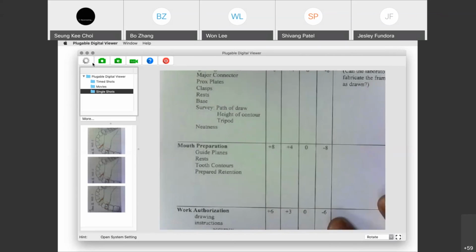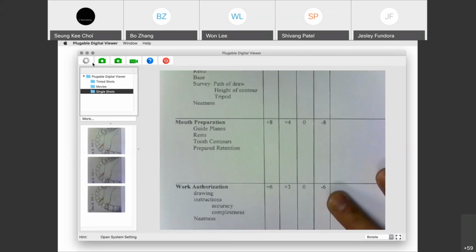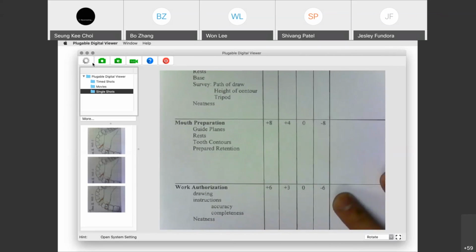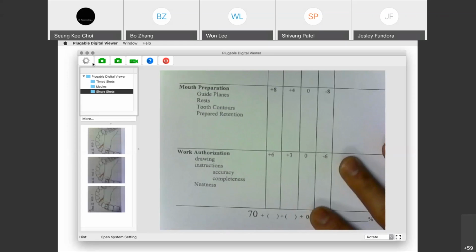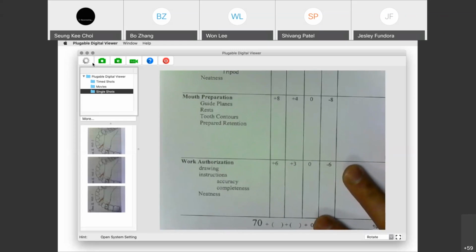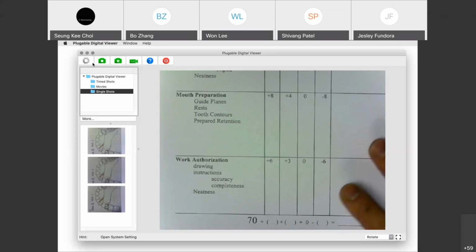Mouth preparation, there's no real preparation there, but it's just going to the drawing and the lab written prescription again, guide planes, rests, and things like that. Accuracy, completeness, this again is going to everything I mentioned. So everyone starts at 70. Even if they turn in a blank form, I guess. No, that's not true.